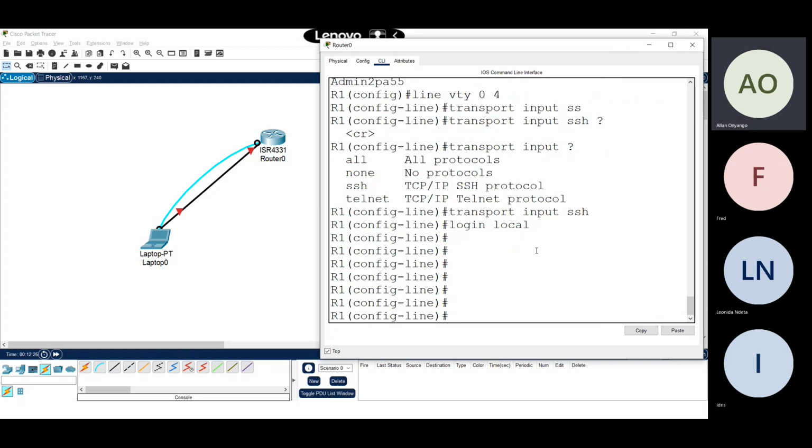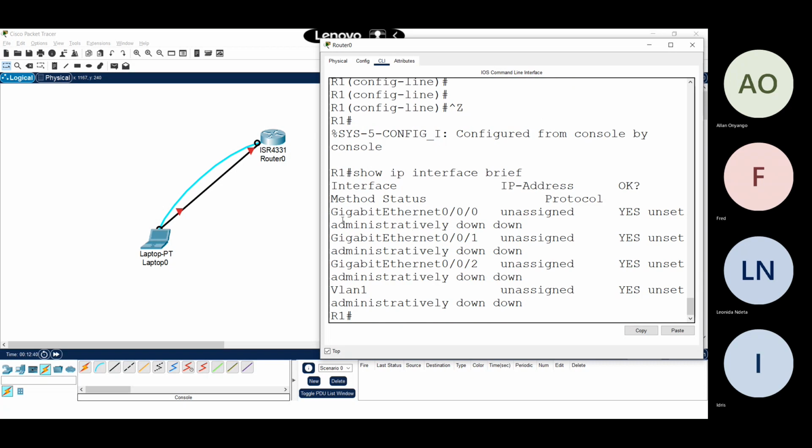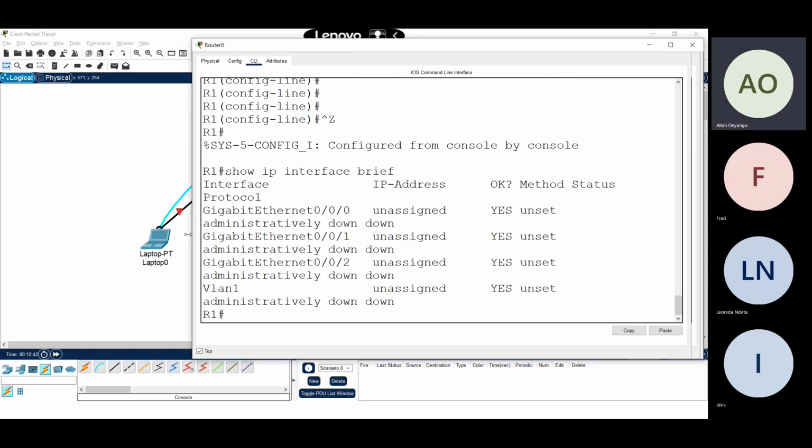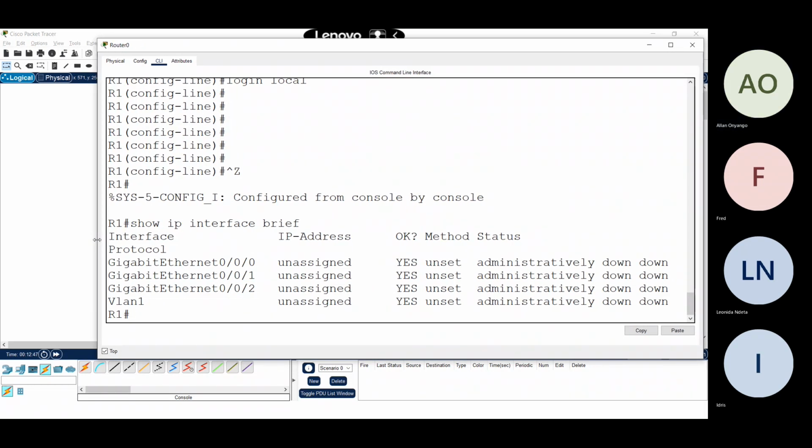Show IP interface brief. I'm having interface G0/0, interface G0/1.